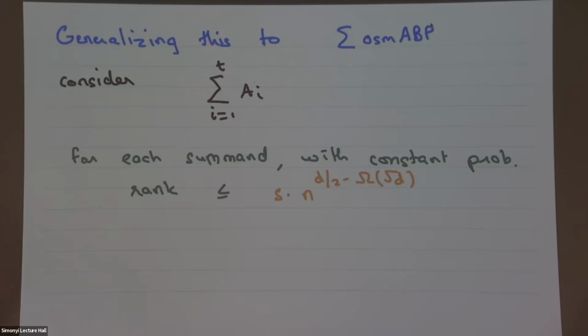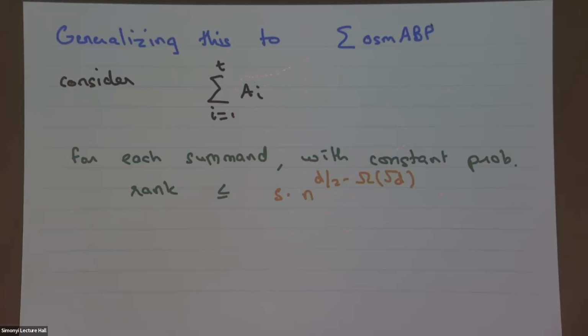That's great. But we're not quite done, for the following reason. What we just showed was that for each summand, with constant probability, you'll get some rank deficit. I said the bias in each half was square root d, but you only get that large a bias with constant probability.